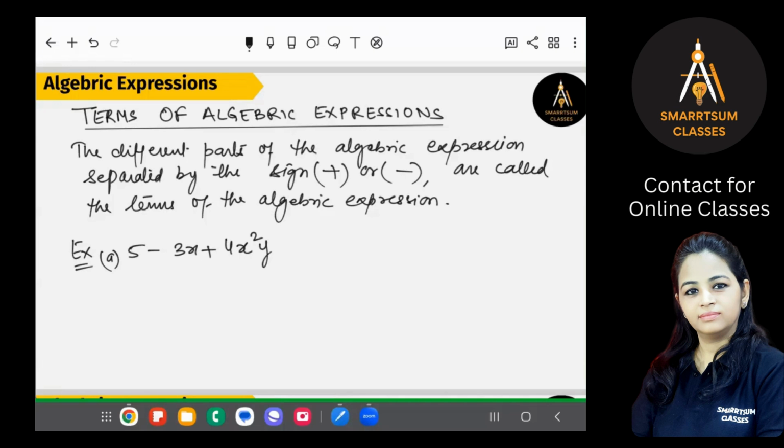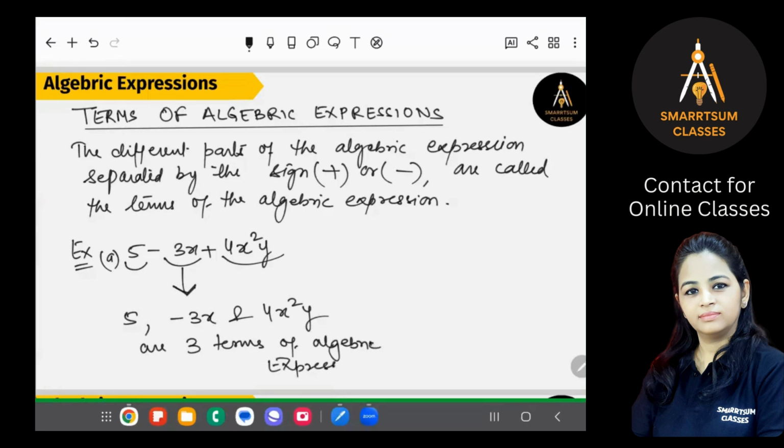Everybody, please see the screen. We find out the different parts by the sign of addition and subtraction only. The terms connected by addition and subtraction are 5, 3x and 4x square y. So 5, minus 3x and 4x square y are three terms of the algebraic expression.